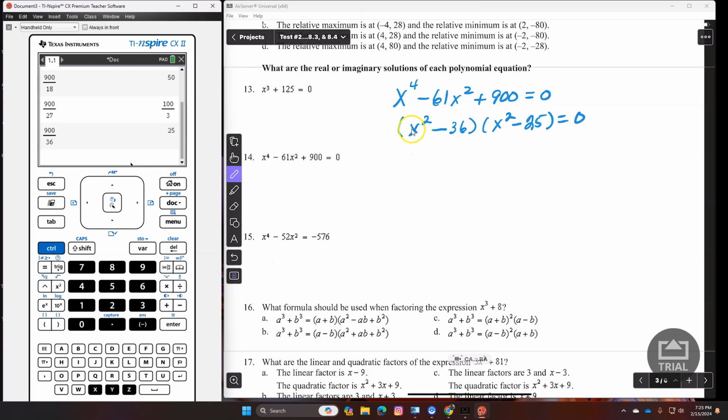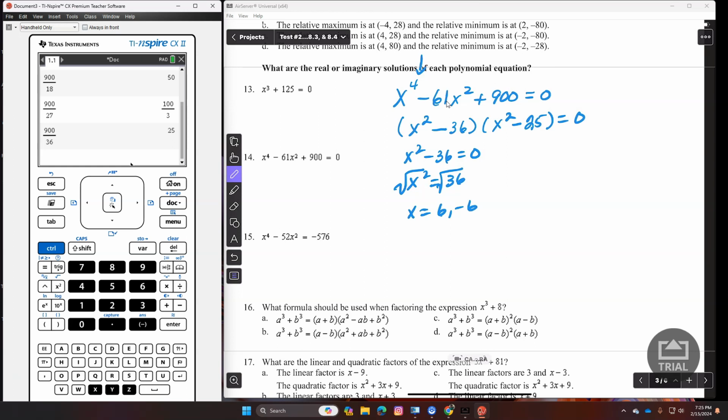Some of you are probably going to say, well, I wanted to put x here, but remember it's x to the fourth. The 4 tells you there's going to be 4 zeros. So this is going to be x squared minus 36 equals 0. X squared equals 36. Find the square root of 36, and x is equal to 6 and negative 6. How do I know?